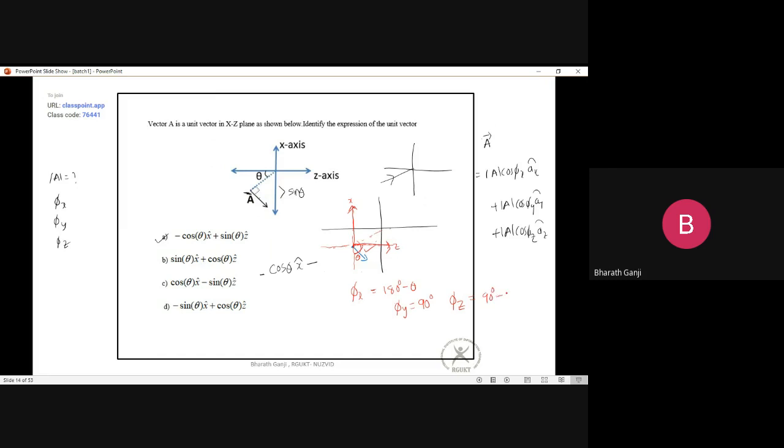If I substitute these angles here, cos of 180 minus theta basically becomes minus cos theta, and the magnitude is 1. Cos of 90 degrees becomes 0, and cos of 90 minus theta simply becomes sin theta. So you can see in any way I solve it, I end up with the same answer, which is option A.